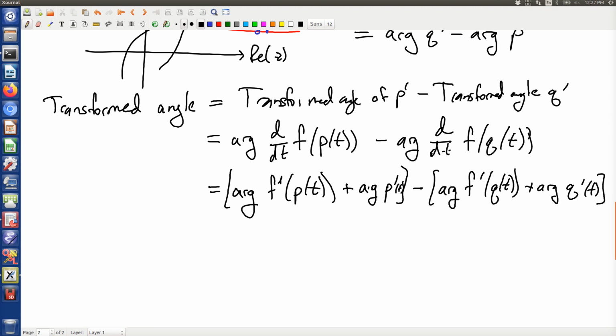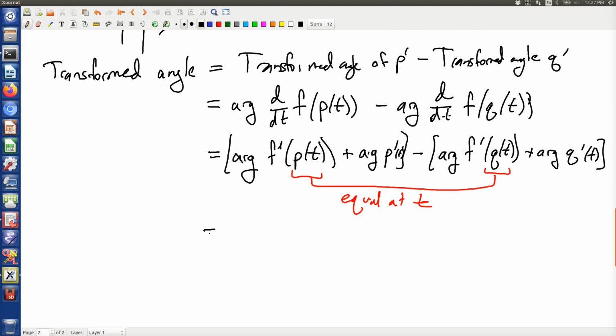But the curves intersect at t. Therefore, these arguments of f cancel out.